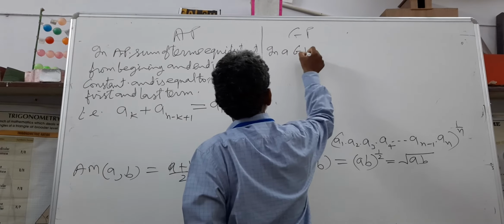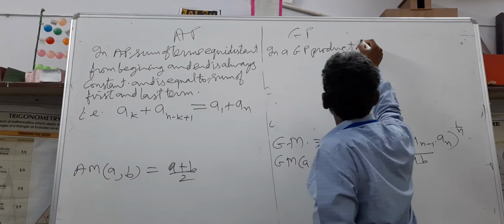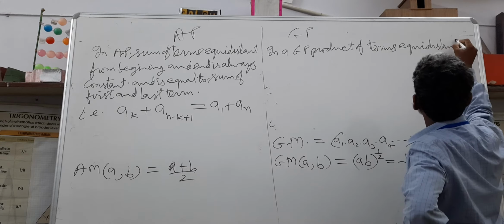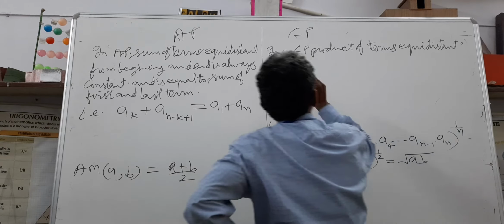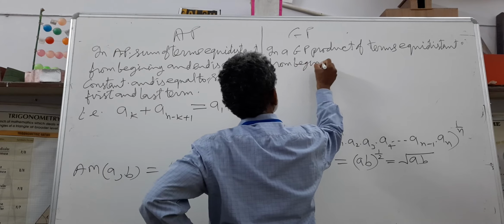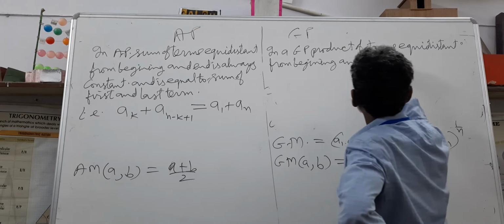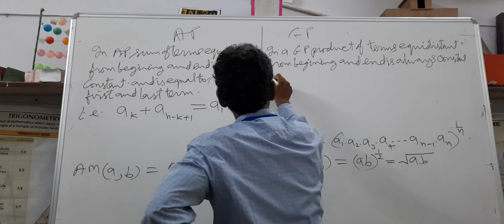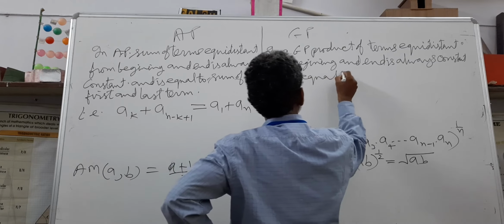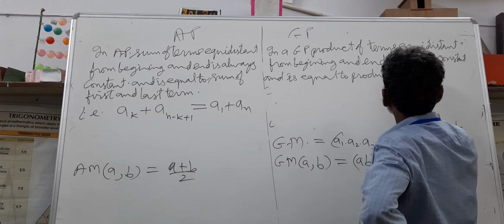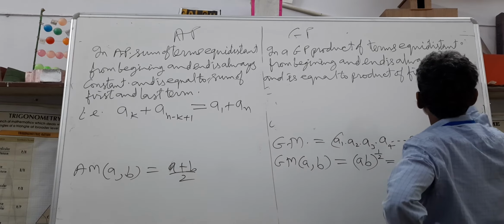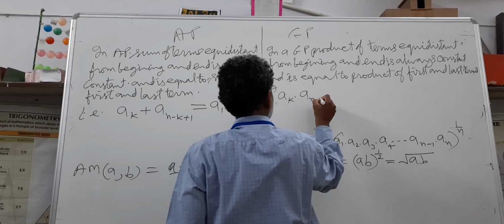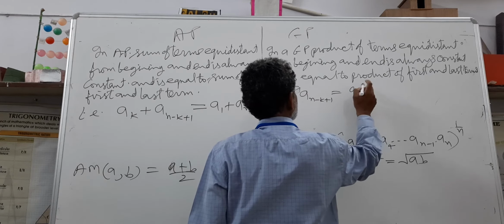In a GP, the product of terms equidistant from beginning and end is always constant and is equal to the product of first and last terms, that is ak into a(n minus k plus 1) is equal to a1 into an.